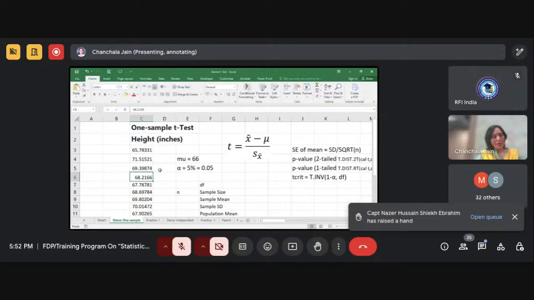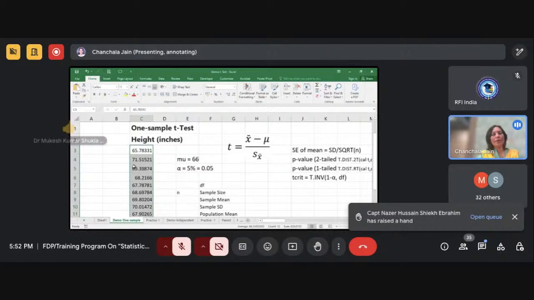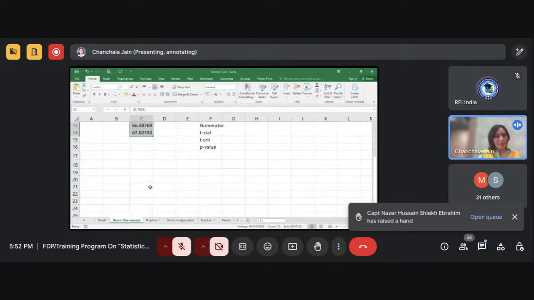Now, as I said, in case of a one sample t-test, we have only one variable or one sample. You can find we have a sample of how many people? It is 12 people. So I have 12 people's height data. The one single variable we have is height. Whenever we talk about the one sample t-test, you need to compare the sample mean with the population mean, right? So here you will write the hypothesis first.